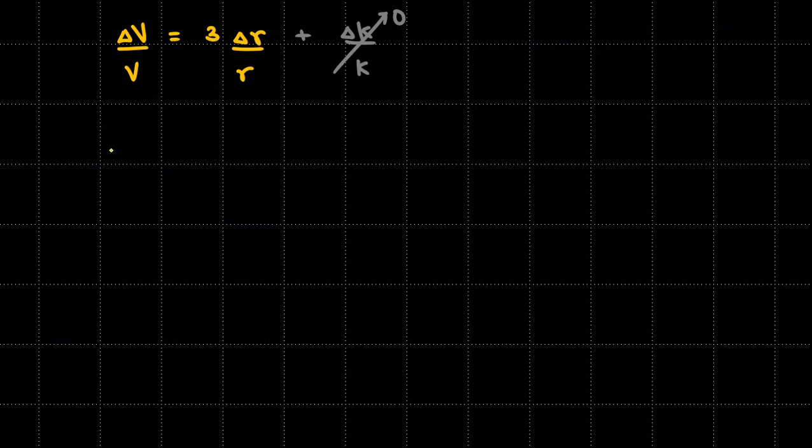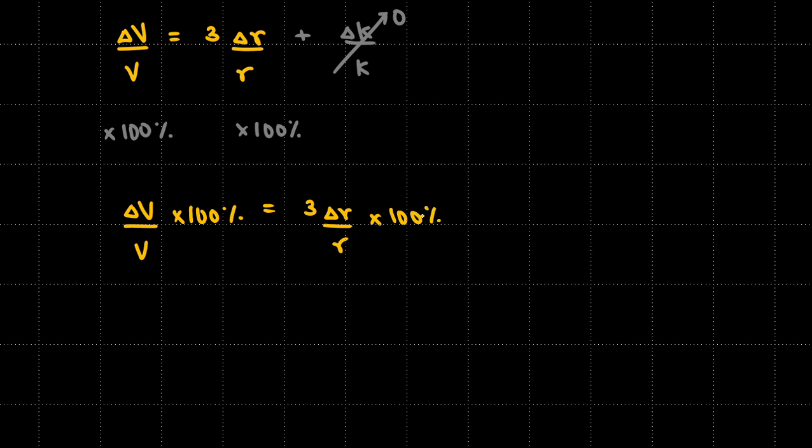To find the percentage error in volume, we just have to multiply both sides by 100%, which changes them to delta V by V into 100%, which will be 3 delta R by R into 100%.